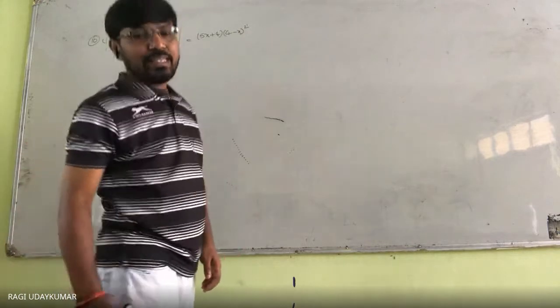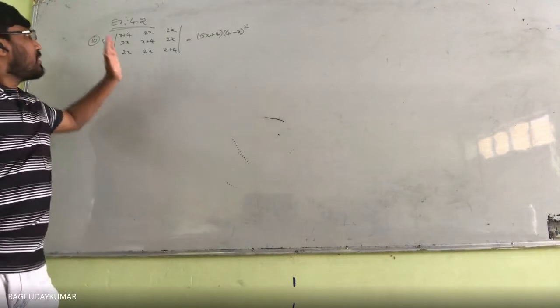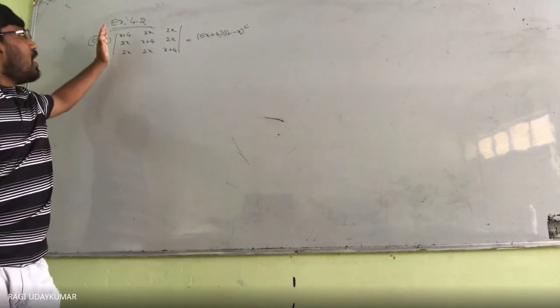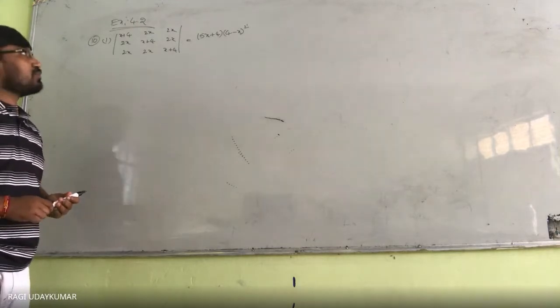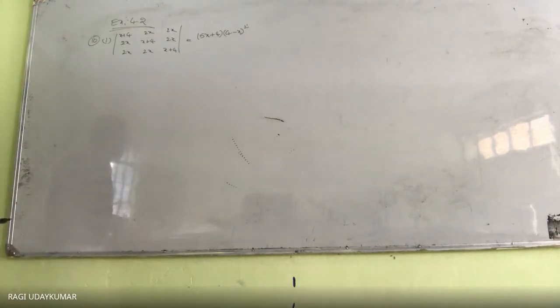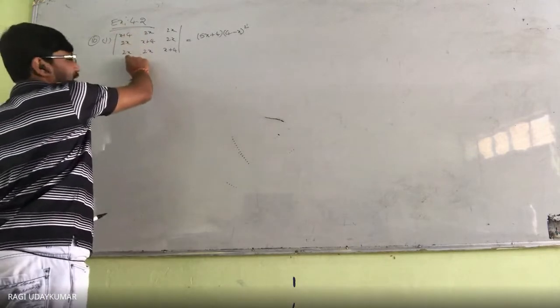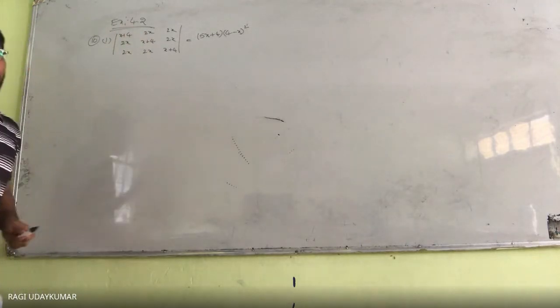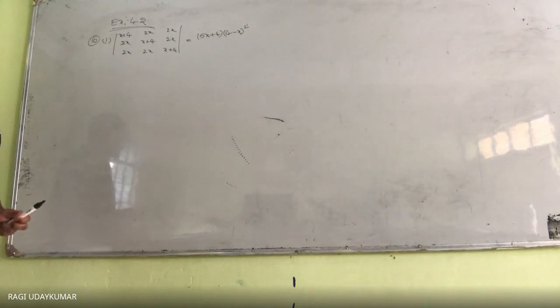So in this situation, whenever you observe properly, if you add all this, automatically 5x plus 4 you are going to get. This problem can be done in two ways. Two ways means both are the same only, not different.